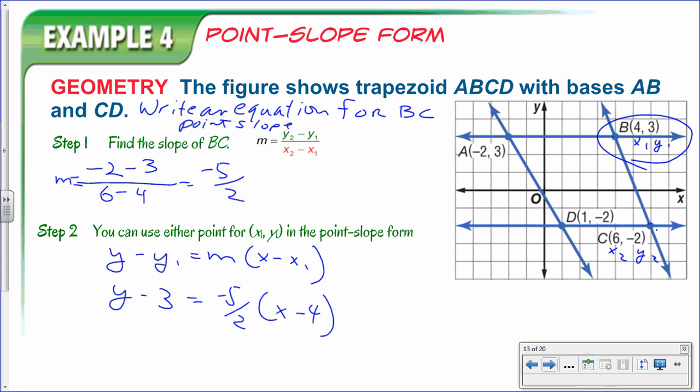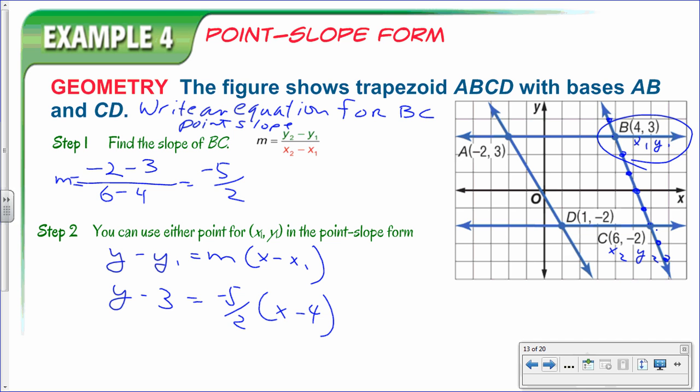You start plugging some points in. This line has a whole bunch of points on it, right? All you do is just write an equation. It's going to either help you graph or produce some information.